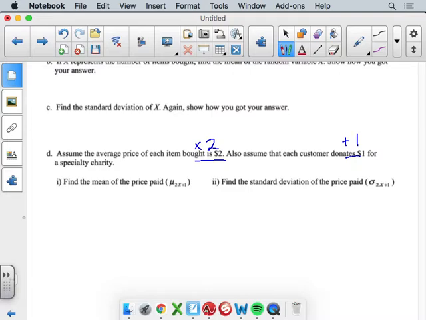Our mean was 2.72 items bought, and we're expecting them to pay me $2 for each of those items. And then on top of that, they're going to add $1 given to me at the end.